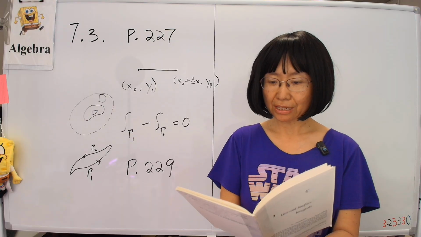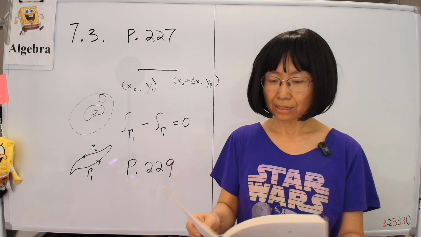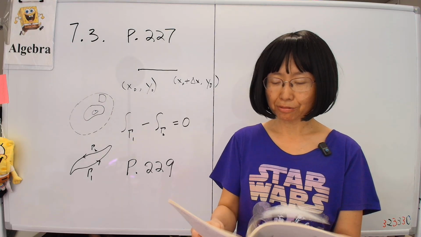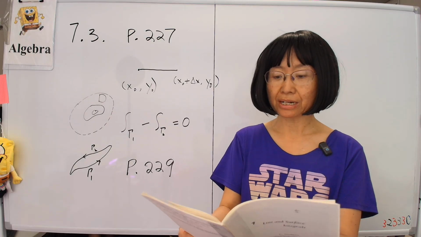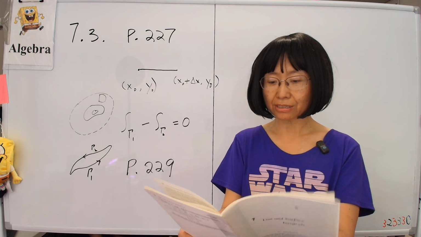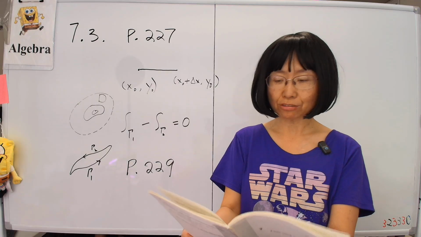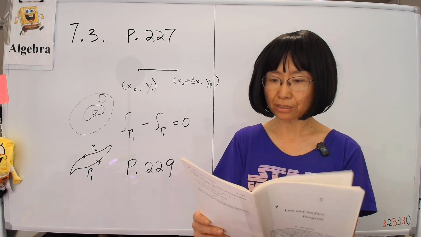Now the question is, where big F satisfies the requirements by theorem 4, where f1 equals p and f2 equals q.